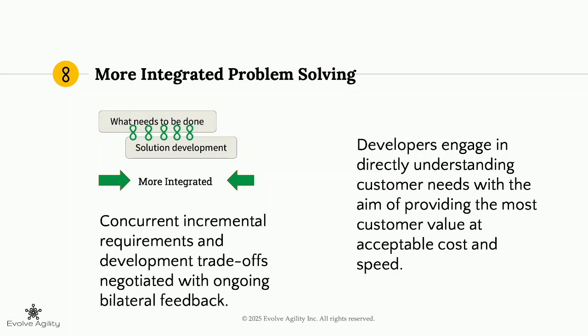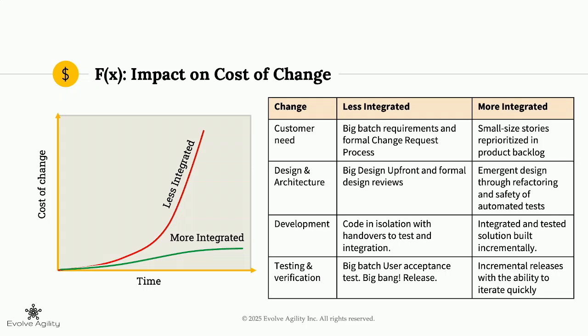The difference in both flow-based and goal-based approaches like Kanban and Scrum is that you're looking at a more integrated approach. What needs to be built and how we are going to build it is happening at the same time. Why is this important? The cost of change with less integrated approaches is very high. Because when you start with a plan of what you want to build, let's call that the architectural plan, if something changes in the environment, which usually does, coming back and making changes to all of that design is very, very expensive.